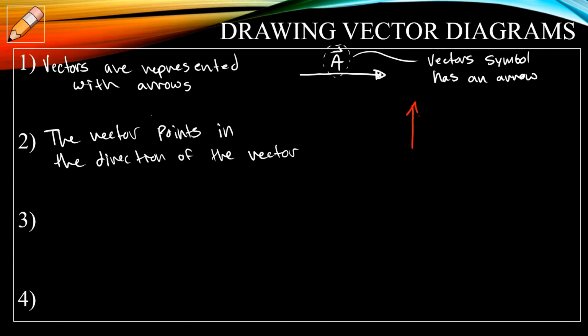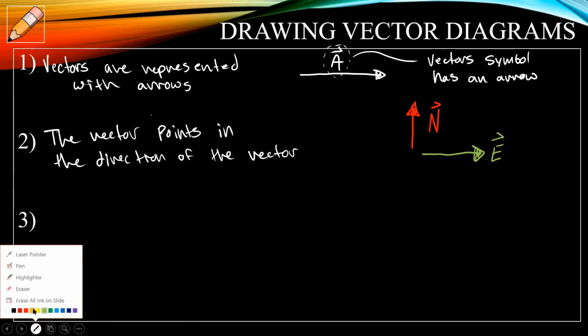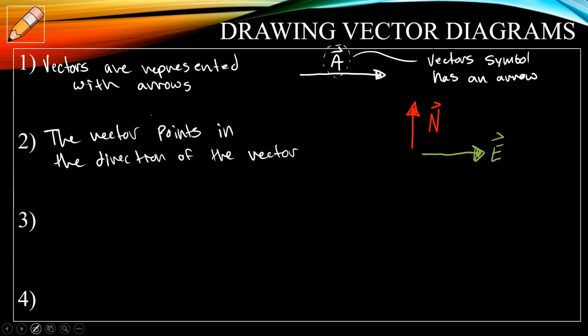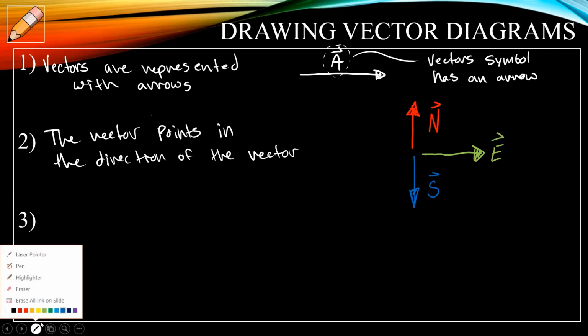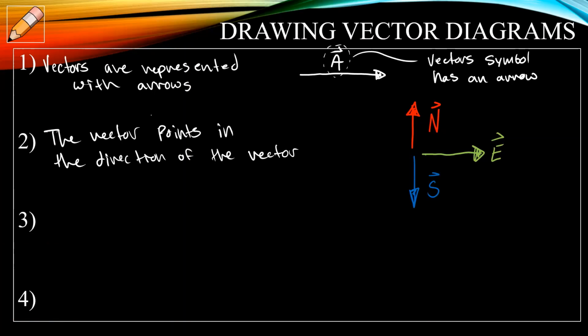For example, if you have a vector that's pointing due north, then you want to make sure that vector is pointing to the north. If you have a vector that's pointing to the east, then you want to make sure that you're drawing that vector on your diagram pointing to the east. Same thing with the south, and same thing for the west. Any vector needs to point in the same direction as the quantity that it's representing.